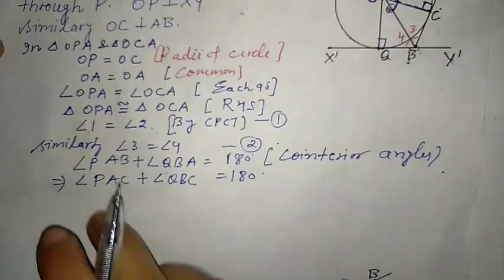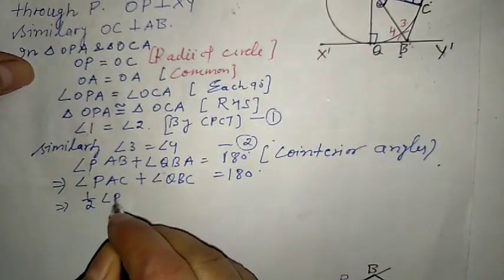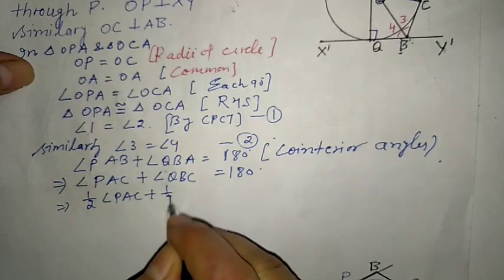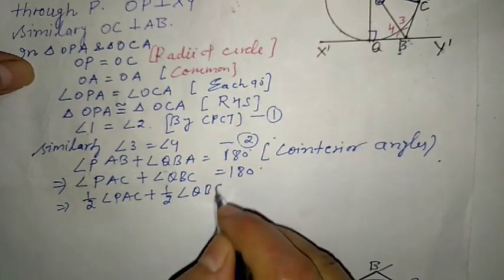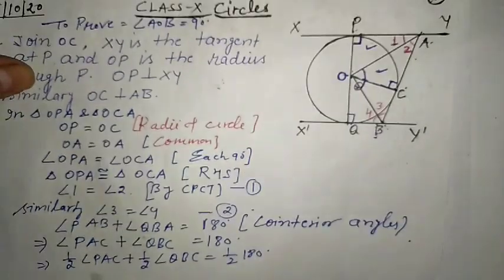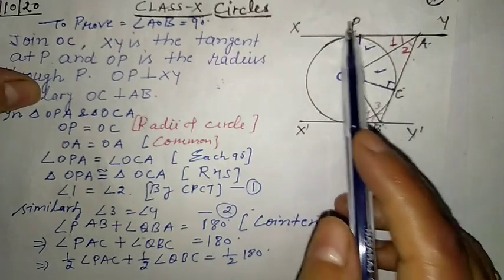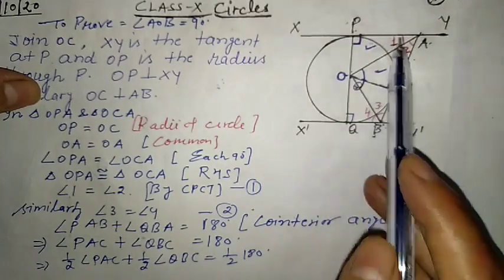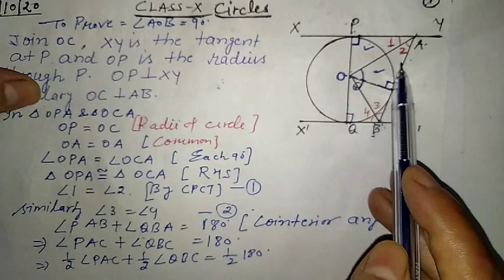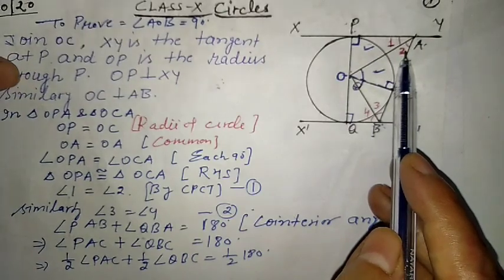Okay, now dividing both sides by 2: half of angle PAC plus half of angle QBC is equal to half of 180. So what is half of PAC? Both are equal, so we can take it as angle 2.